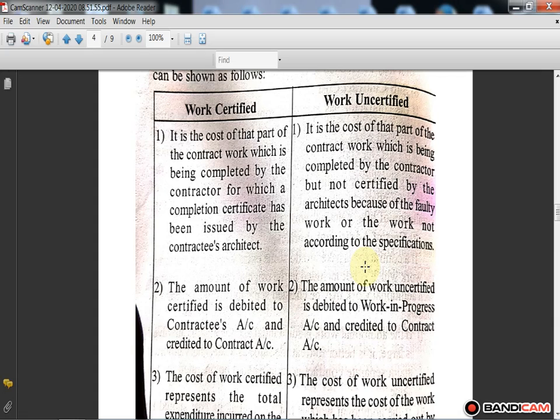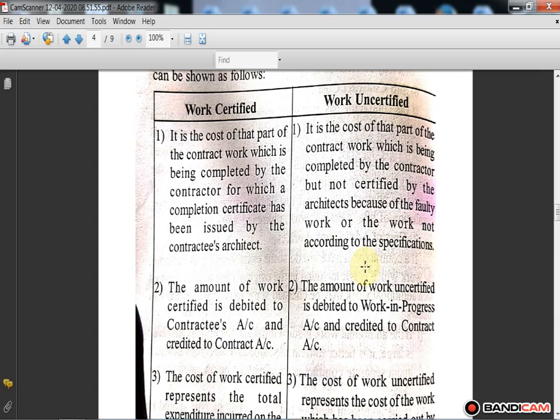And work uncertified means the cost of that part of the contract work which has been completed by the contractor but not certified by the architect because of faulty work or the work not according to the specification.